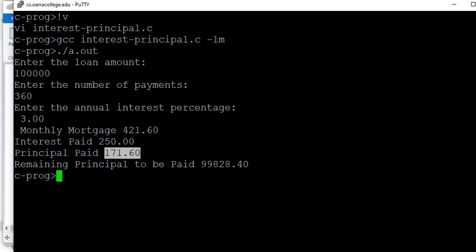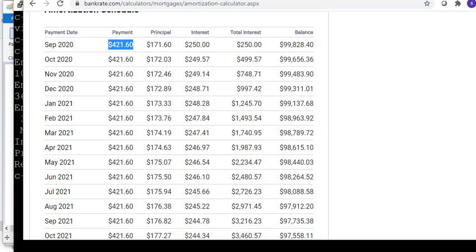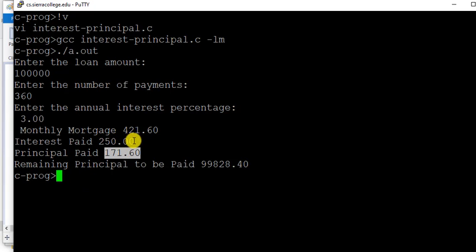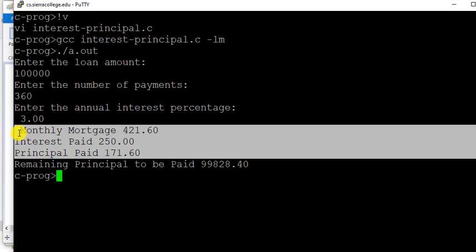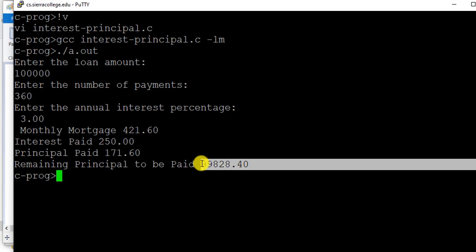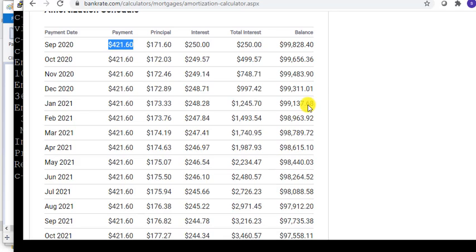The interest is $250.00. See that? So that is the first month. And the remaining loan amount is 99,828. You see that?